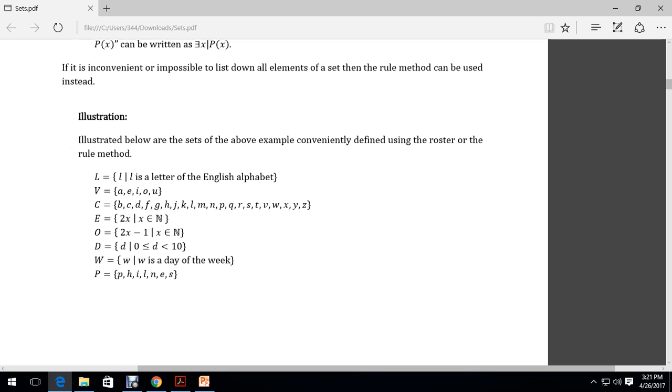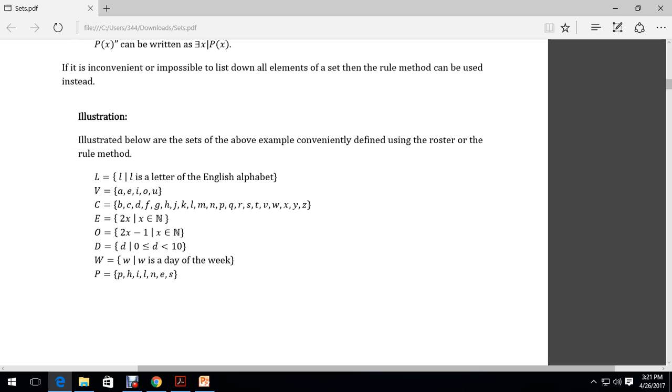Now, if we look at the elements of set E in terms of x, since x are members of the natural counting numbers, if we take the first instance of x, wherein x is equal to 1, then plugging 1 in this formula, 2 times 1 gives us 2, which is exactly the first element of the set of even integers.